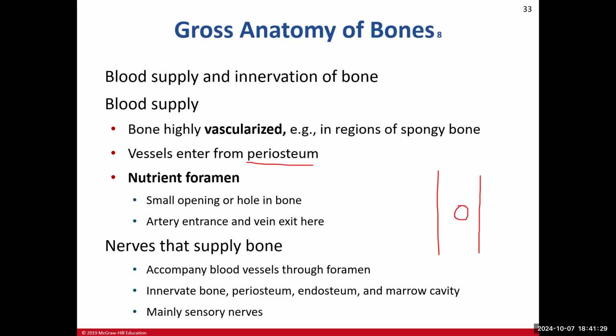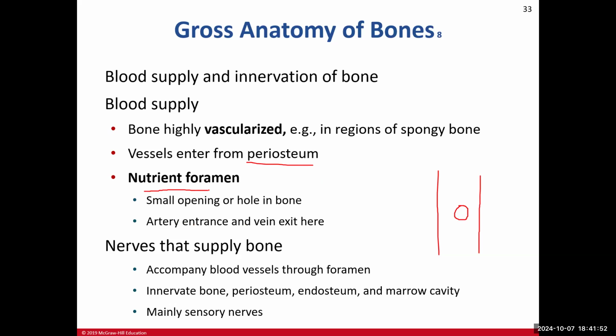And that's where arteries can enter into the bone and where veins can exit. And that's where nerves will enter into the bone. So you're going to see here that structure, that hole, we call that a nutrient foramen. And that's for your blood vessels to enter and exit from the actual internal part of the bone there.